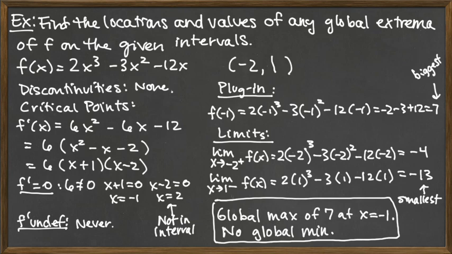Especially when you have discontinuities, you've got to make sure you've got both sides that you assess, both from the left and the right of the discontinuity if it's in the interval. But it still amounts to more or less just plugging in, taking limits, and then looking for biggest and smallest. If the biggest or smallest is in a plug-in, it is a global max or min. If it comes from a limit, it means that particular max or min is missing.